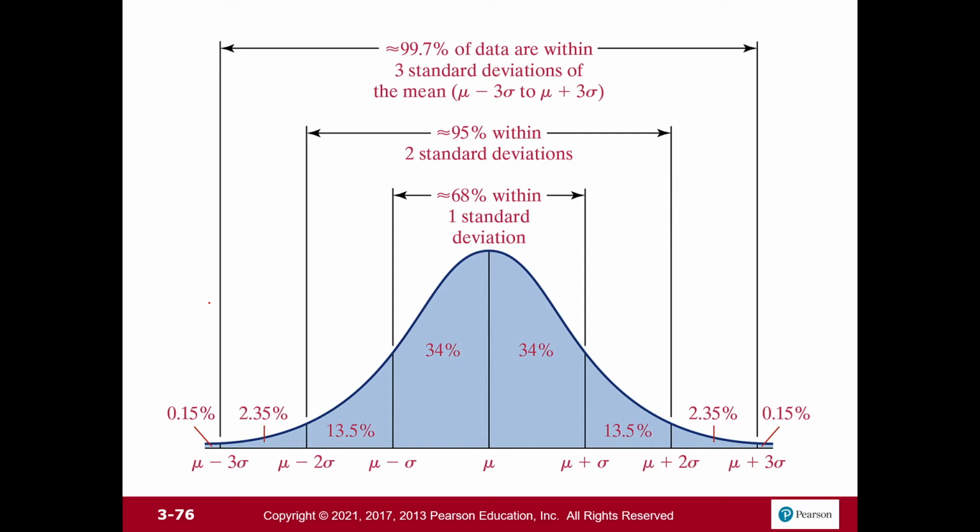So here's the empirical rule. If we have a normal distribution and the mean is in the middle, within one standard deviation of the mean, plus or minus, will account for 68% of all of the values.